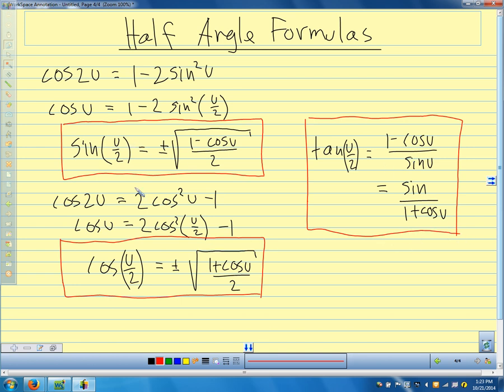And this comes from putting sine of u over 2 over cosine of u over 2, and then simplifying.